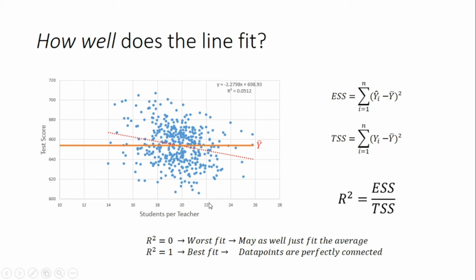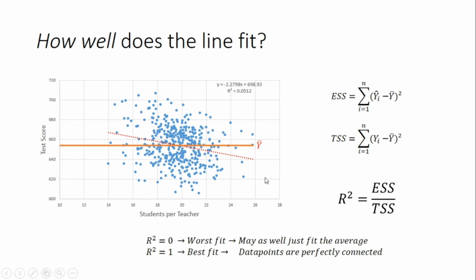So having some information on the students per teacher actually gives us a better idea of what the test score will be. So if I know, let's say, that the students per teacher is 25, then I expect the test score to be lower than average. And sure enough, it is. So in that sense, a line of best fit is giving us more information.